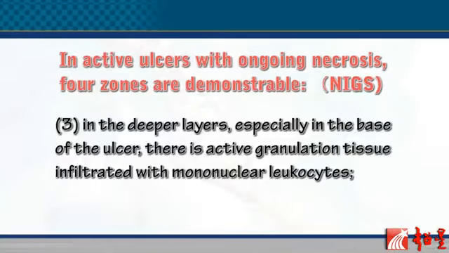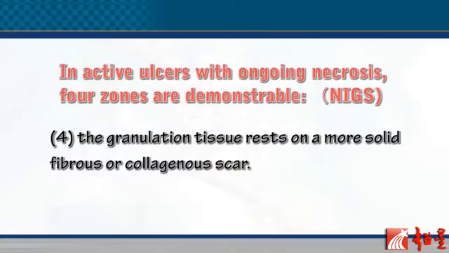Third, in the deeper layer, we can see granulation tissue. There is active granulation tissue. Under the microscope, this is how we distinguish granulation tissue. And the fourth is the old granulation tissue. That means the granulation tissue has developed into fibrosis, the scar.